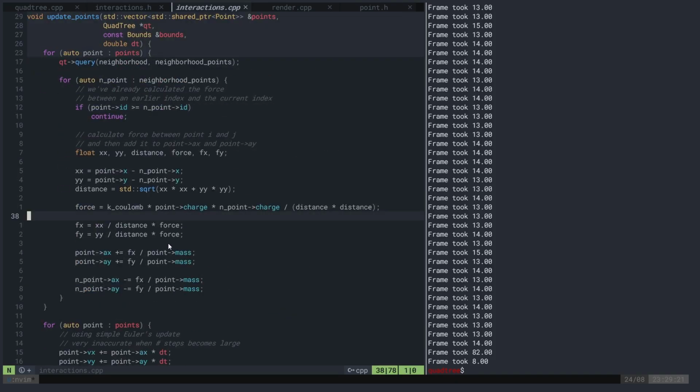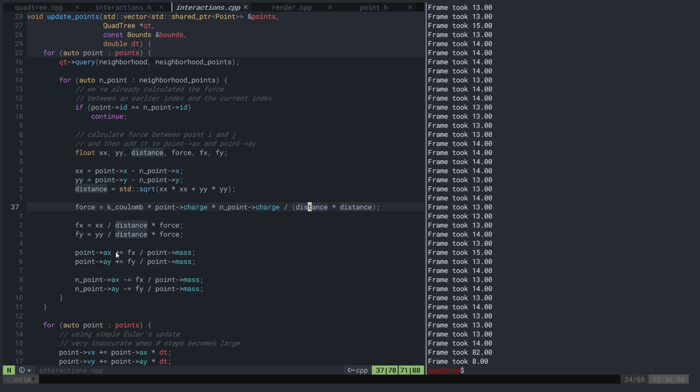So now the question is whether this force is actually acting in the direction that we want, and we can do that by simple checks. Let's say these two point charges are separated by a distance. The Coulomb force is repulsive for two charges of the same sign. So if this is a positive charge and a positive charge, then the force should be repulsive, which means the two particles should move further apart from each other.